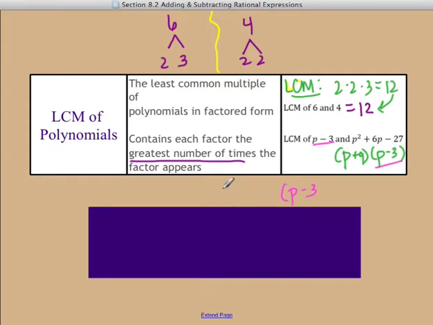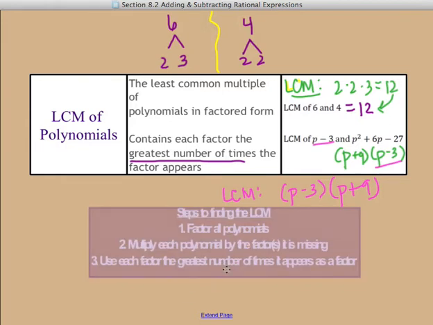So my LCM would be p minus 3 times... Now there's no p plus 9 here, but there is one p plus 9 here, so I'm going to write down p plus 9. So this is my least common multiple for these polynomials.